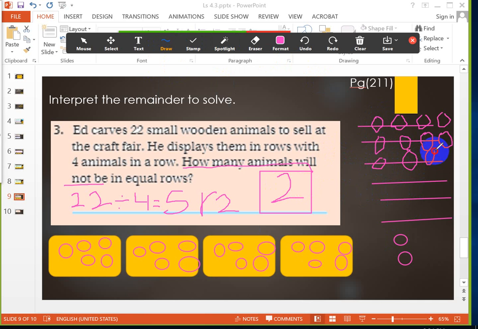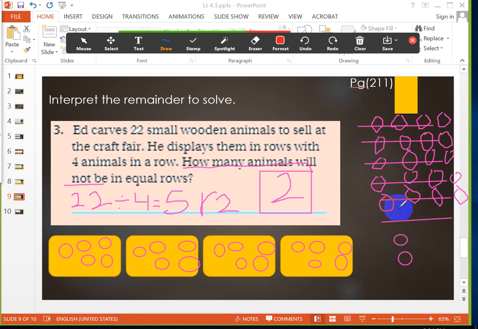Look, if you count those, I will order 20 wooden animals like this in 5 rows, and there are 2 left with me.